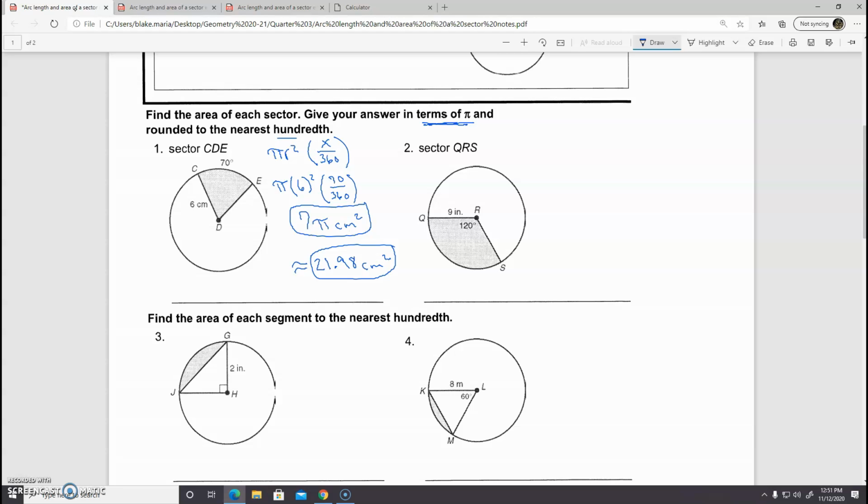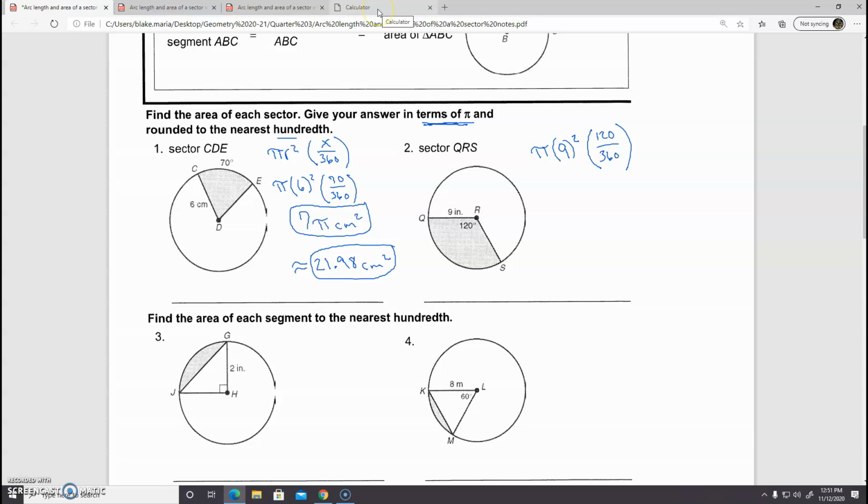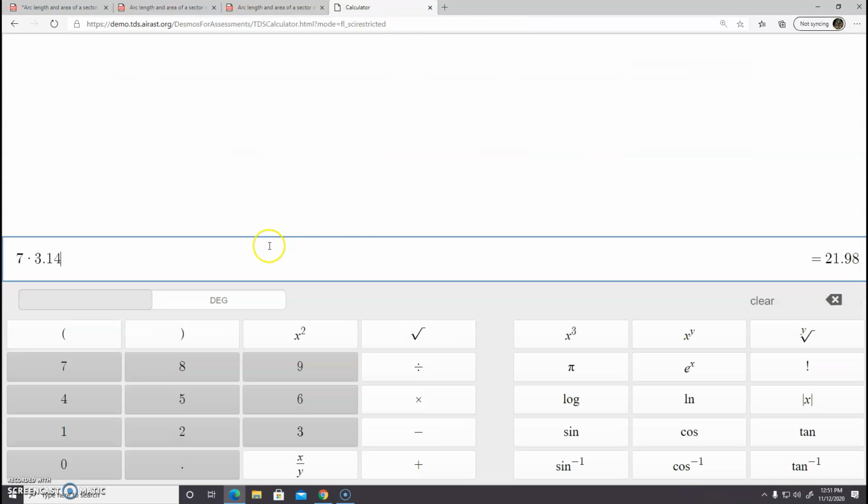All right, let's try another one. Here we've got pi r squared, so pi times the radius, which is 9 squared. And again, we don't want the entire area, we want a piece. We want 120 out of the total 360. So we're going to come back to our calculator. We're going to do exact first, leave in terms of pi.